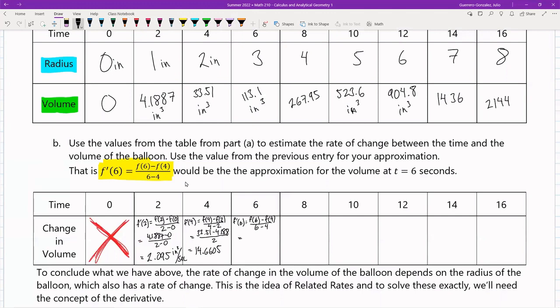According to our table above, it should be 113.1 minus 33.51 all over 2. And this should be equal to 39.77. I'm going to write one more time: inches cubed per second.